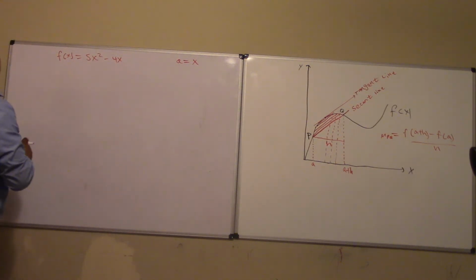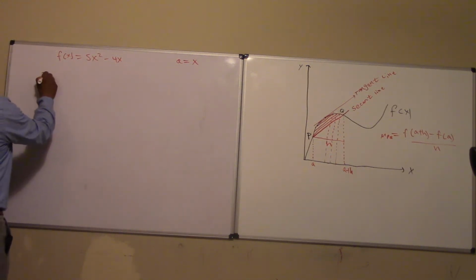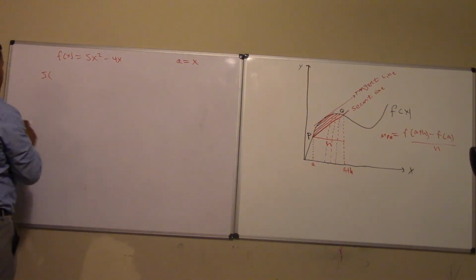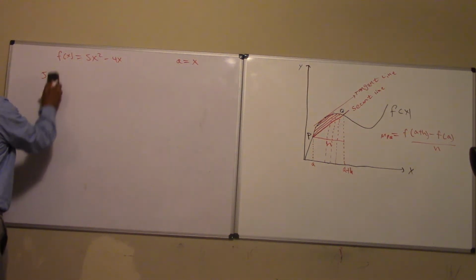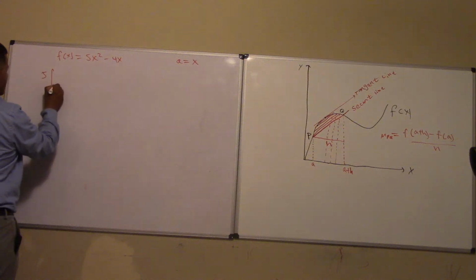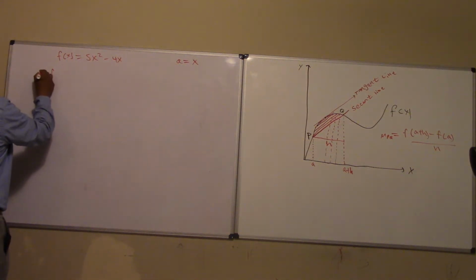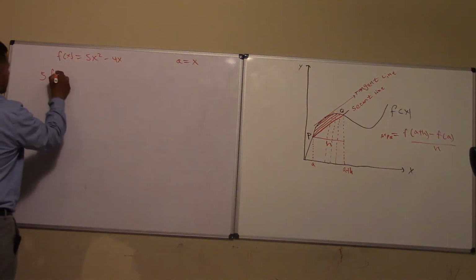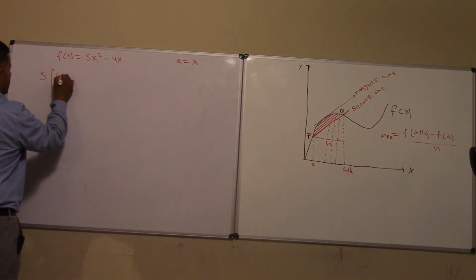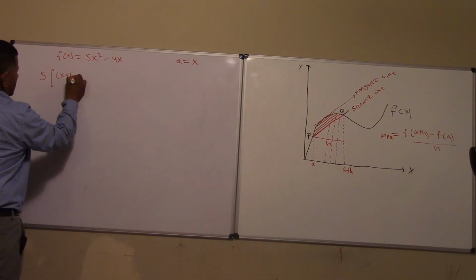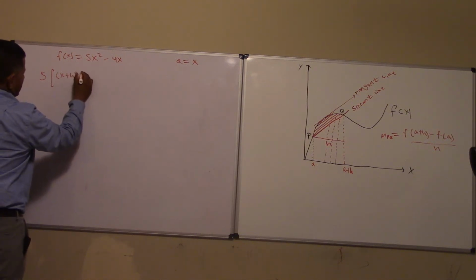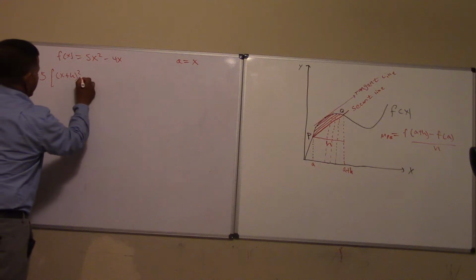Okay, so let's do this. So we got 5, right? And then here I get x plus h, right? Squared.